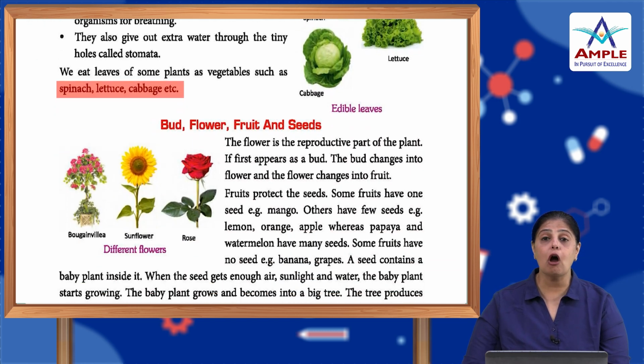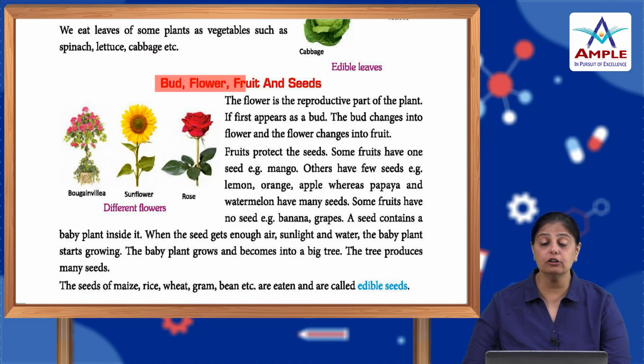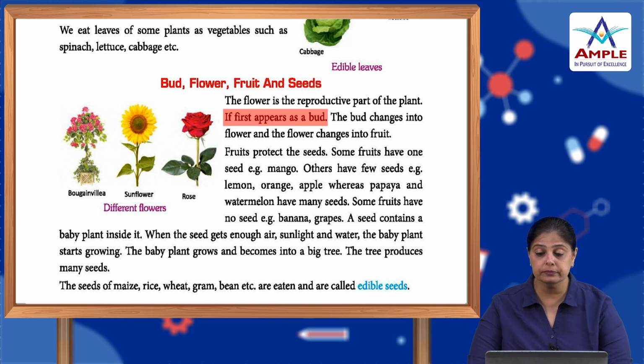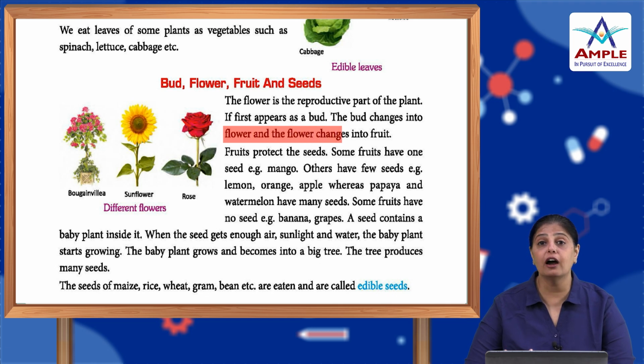Now, let us talk about the bud, flower, fruit and seeds. The flower is the reproductive part of the plant. It first appears as a bud. So, first it is a bud. The bud changes into flower, and then the flower changes into the fruit.